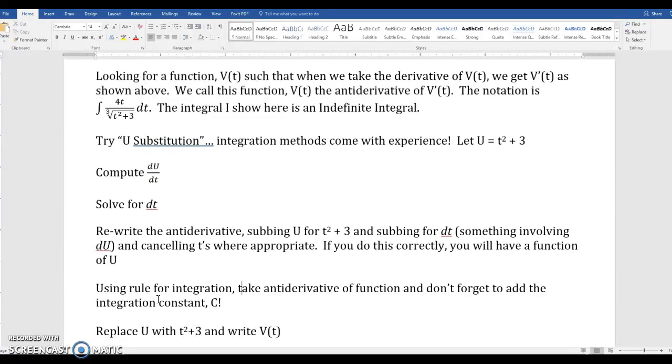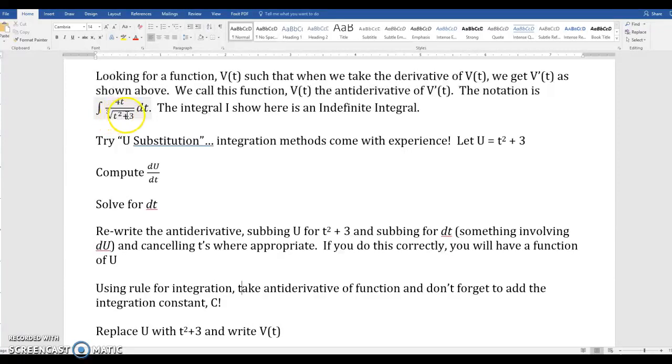Now, I hope to this point everybody's following this, and I hope this makes sense based on what you've read and hopefully what you've done in your homework. Now, once you have defined u, you have found the derivative of u with respect to t, and you've solved for dt, what I want you to do is go back to this step and rewrite this antiderivative, subbing u for t squared plus 3.